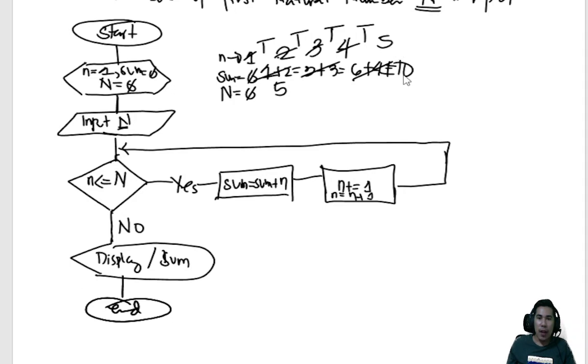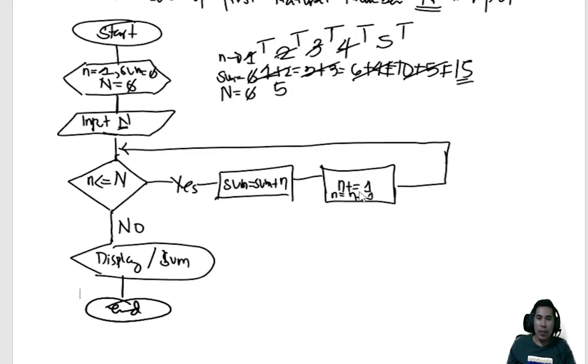Okay? So current value of our sum is 10. So 5 is less than or equal to 5. That's actually true. So when it is true, i-add na po na siya, sum plus n rather. So sum plus n, which is 5, is equal to 15. So the current value of our sum is now 15.